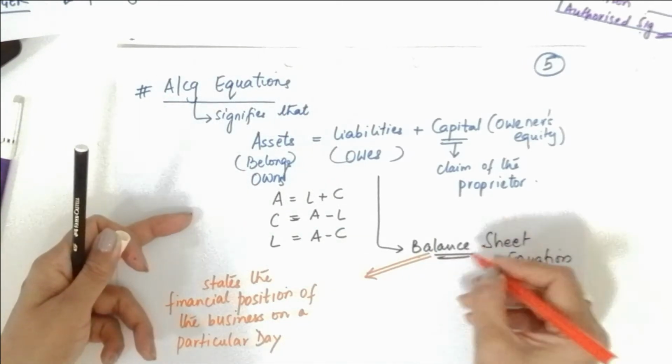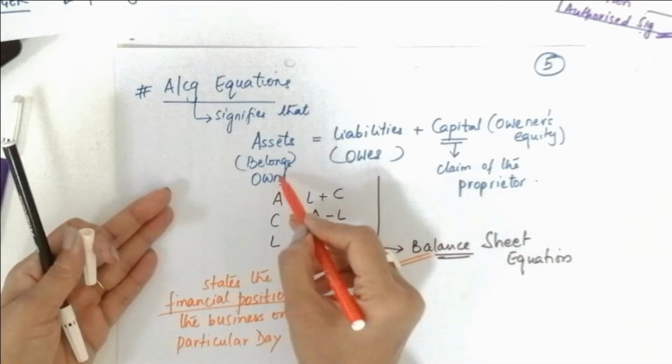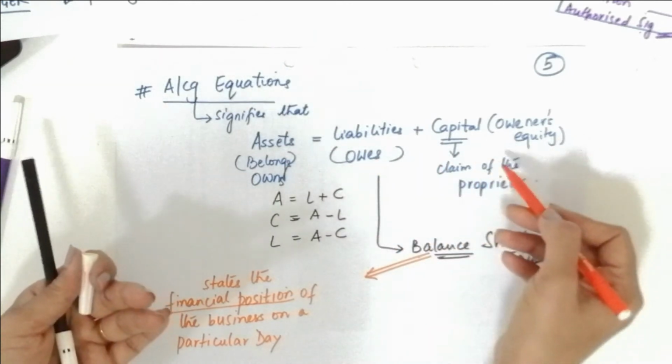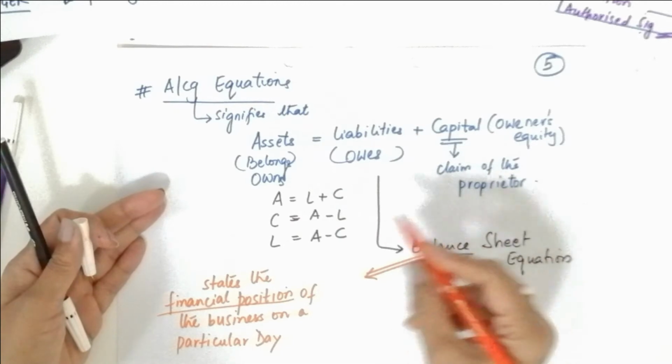Okay, so it is a statement of financial position: how much the company owns, how much the company owes, and what is the claim of the proprietor in the firm, in the business.